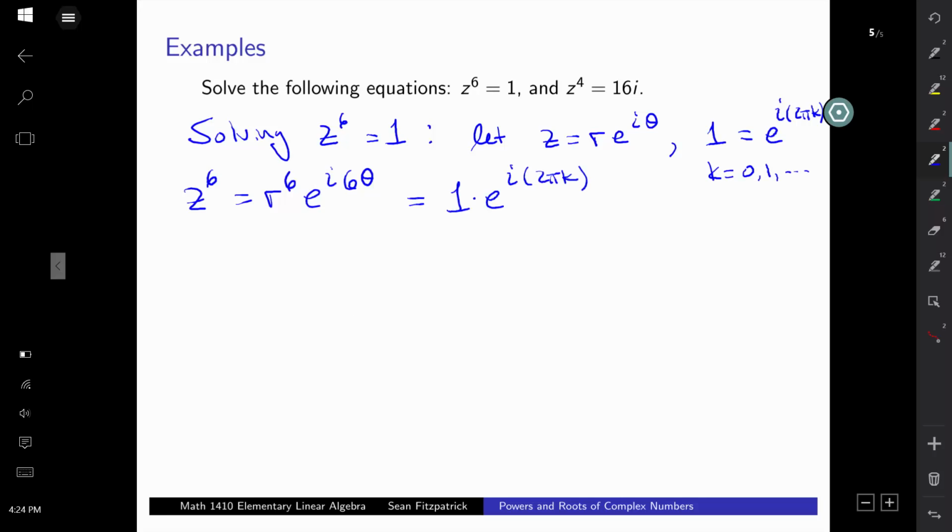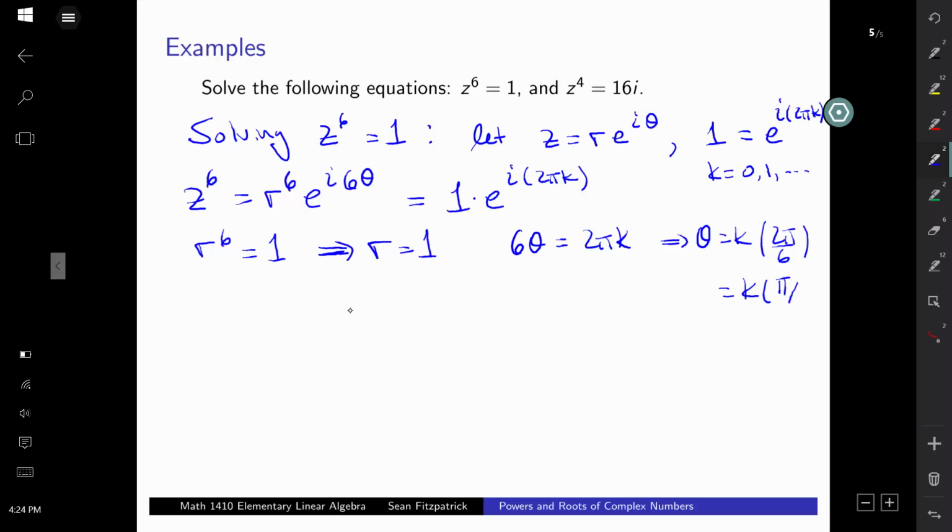And so I get two equations now. r to the 6th equals 1. Well, the only positive real solution here is that r is equal to 1. And I get that 6 theta is equal to 2 pi k, which tells me that theta is equal to k times 2 pi over 6. So if I simplify, that's k times pi over 3.